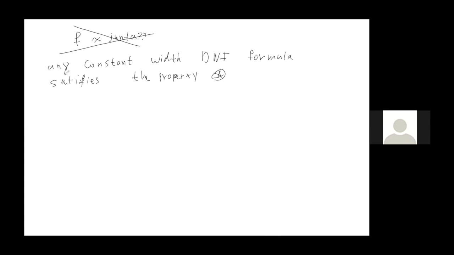Okay. So this is a counterexample to your obvious suspicion that the function must be a junta. And actually, we conjecture this is roughly all that you can do. So this is a conjecture by Friedgut. Essentially, it says that if f satisfies star, then it must be close to a DNF.